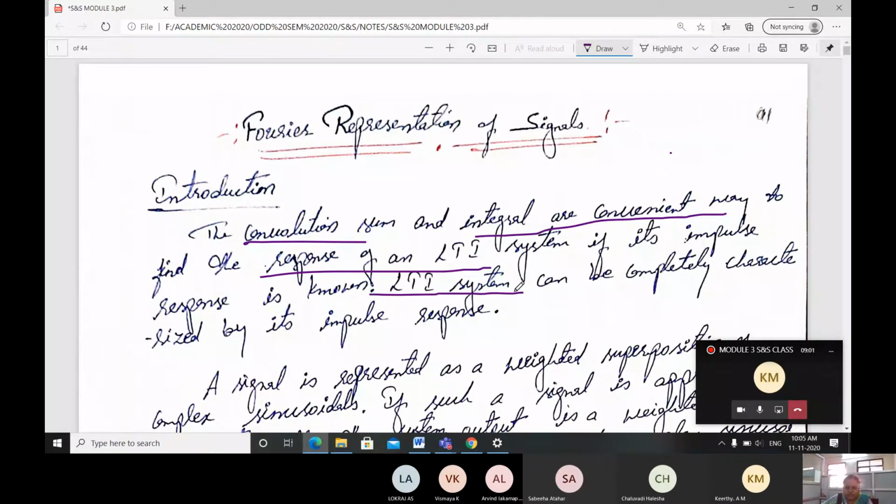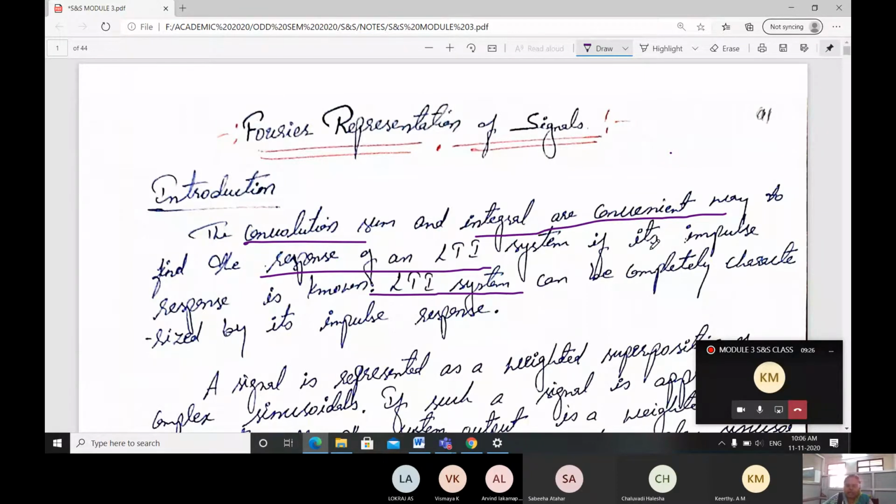It indicates that the methods we used previously, the convolution sum and integral for continuous and discrete signals, apply to a linear time invariant system, which we abbreviate as LTI system.